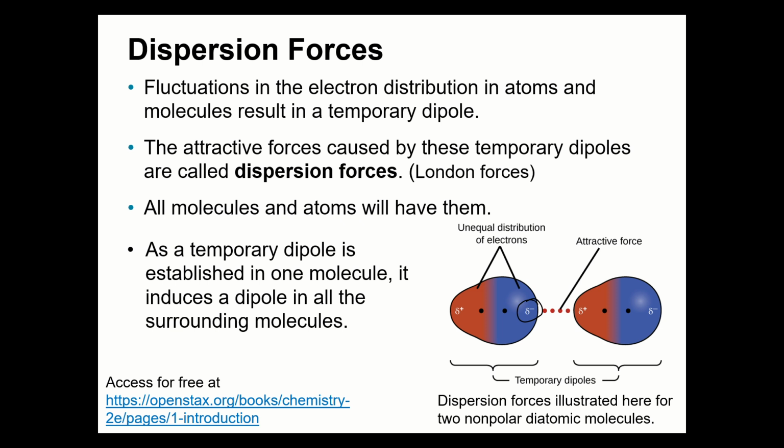Electrons building up on that side cause the electrons in a nearby molecule to migrate away, because opposite charges attract and the same charges, two negatives, would repel. The negative charge from one molecule pushes the electrons of another molecule away and creates this temporary dipole moment, where the positive and negative charges attract one another. That's what dispersion forces are.